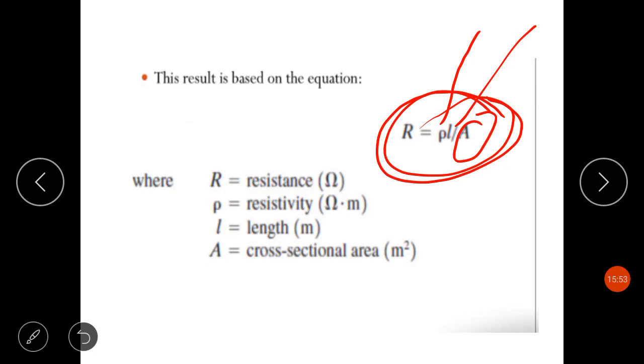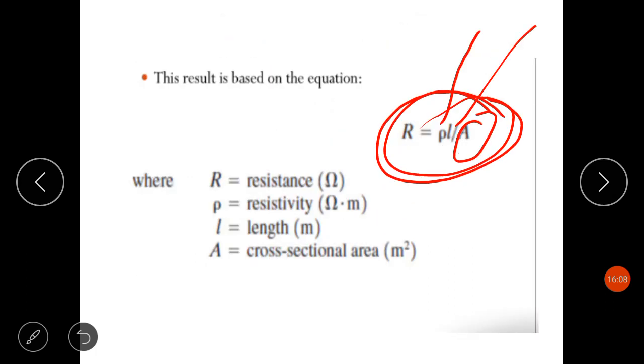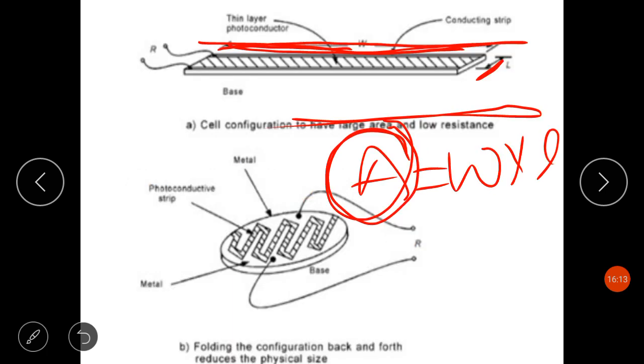Now I need to decrease the length so that the resistance decreases. I will keep the length very minimum and keep on increasing the width, so the area increases, the length decreases, and overall the resistance decreases. Now the area presented to light is large for maximum exposure, whereas the electrical length is small, which reduces the nominal resistance, like I've told you.